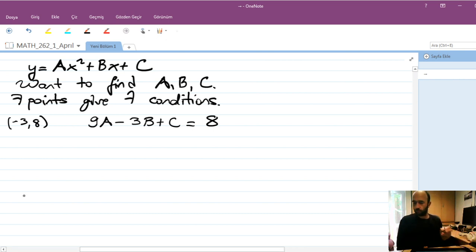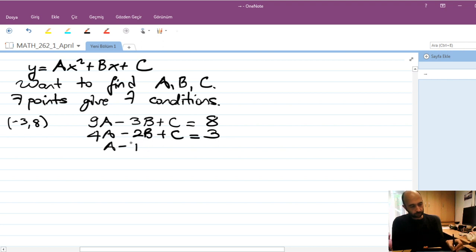Let me not write the points here, but you get 7 equations. So the next one is 4a minus 2b plus c equals 3. The next one is a minus b plus, please check this yourself as well. Okay, this is 0. If you plug in 0, 1, you get c equals 1.